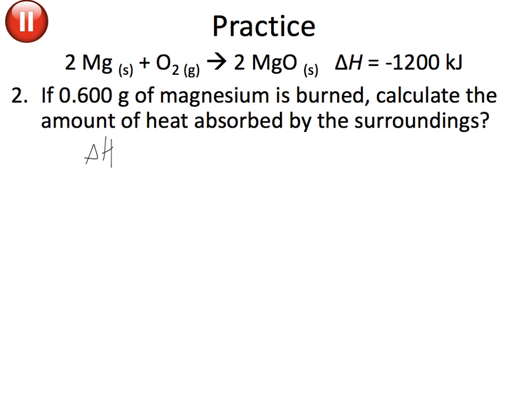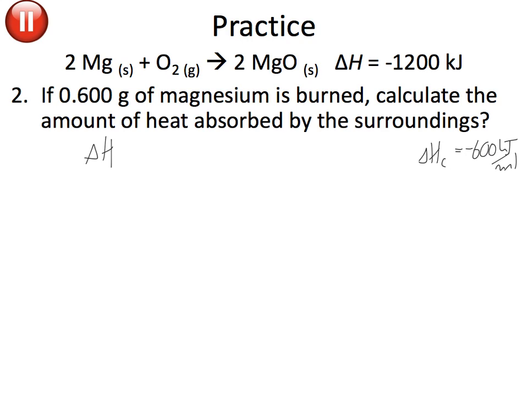Well, actually, we are. Because remember, the last question we did, we determined what the delta H_C for magnesium being burnt is, and it was equal to negative 600 kilojoules per mole. So we can use that value. Now, if you weren't given that value, you could calculate it as we see here. We're still given our delta H. We know that we have 2 moles, and we could figure that would be negative 600 kilojoules per mole.